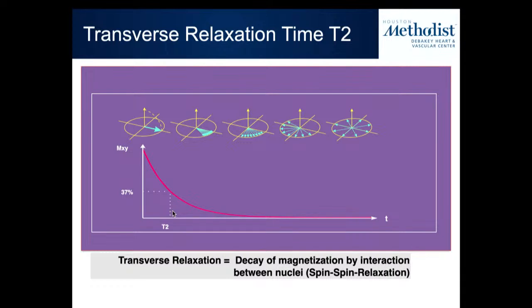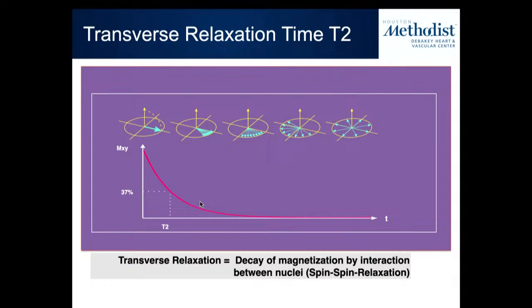And again, the T2 time is basically the amount of time that it takes to lose or drop down to 37%. Okay, so T1 is the amount of time it takes to get back to 63% of the full magnetization. T2 is the amount of time it takes to decay away down to 37%. So these are just conventions that you need to understand. It's not 90% recovery or 90% loss. It's defined as 63% recovery or 37% loss, or decay down to 37%.